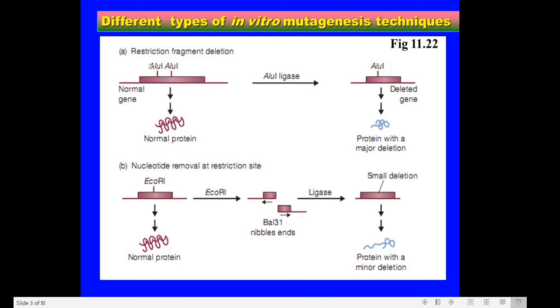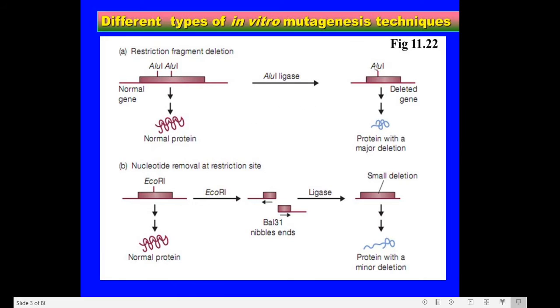Okay, in the experiment they remove that particular restriction fragment. So after the experimental detection, there is only one ALU site. It's a restriction fragment deletion. In the deletion, the normal gene has two restriction sites for ALU1.